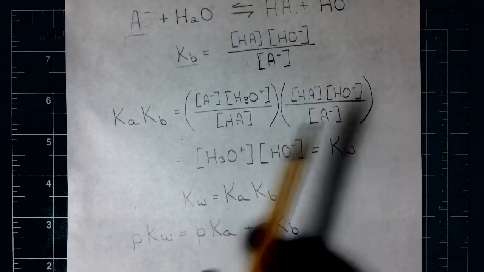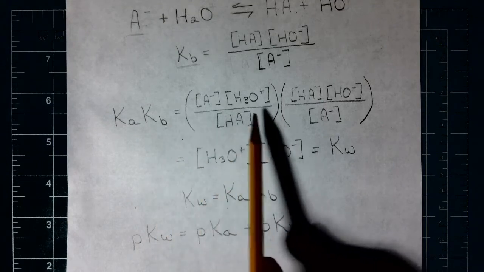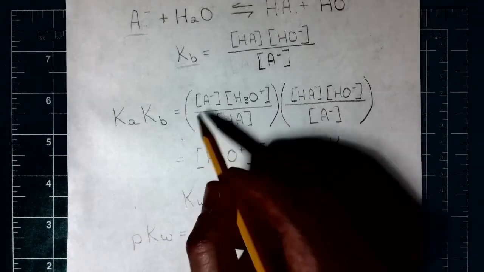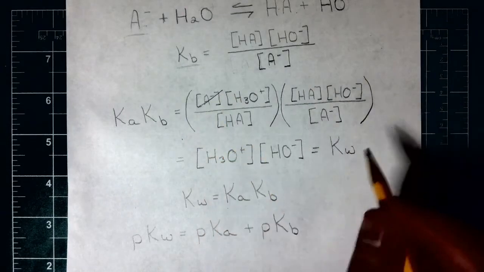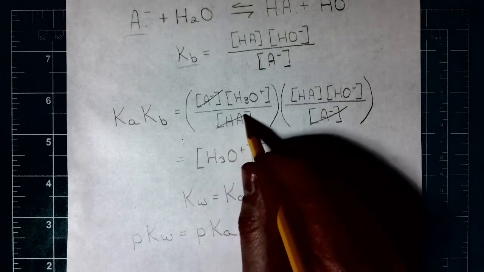If I multiply the Ka by that Kb, I will substitute those in here, I get this. And I can see now that this is going to cancel with this guy, and this guy's going to cancel with this guy.